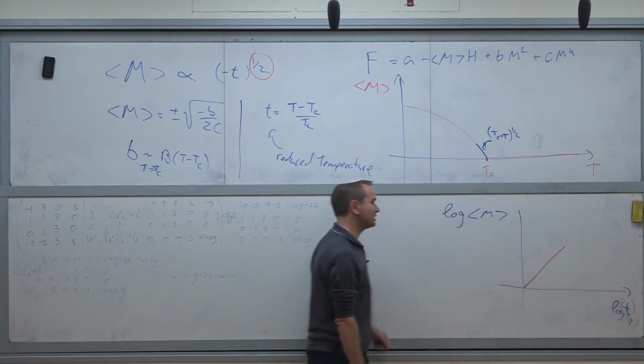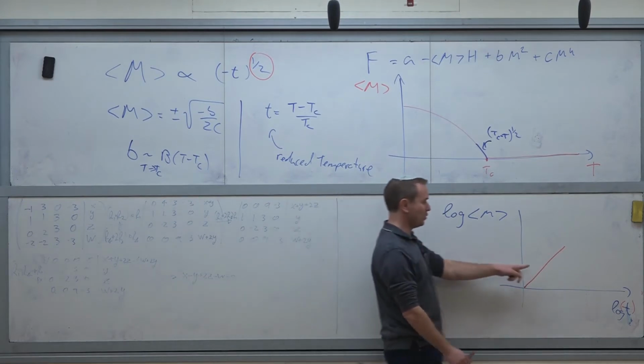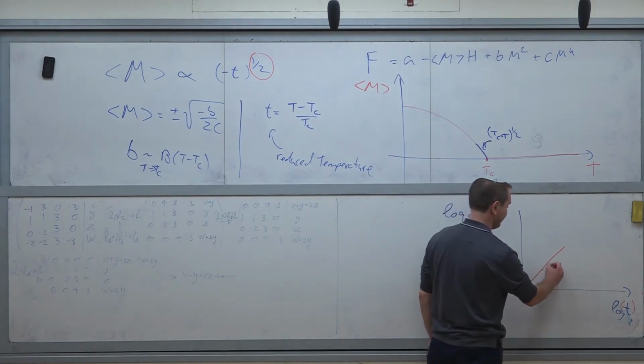We will see a straight line, and this is the behavior, with a slope of 1/2.